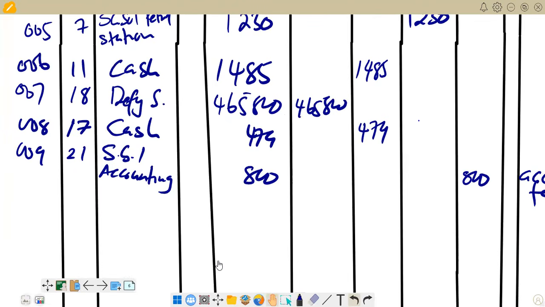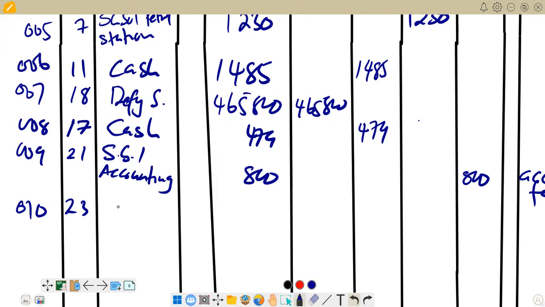So we are here, we are saying on the document there we have 010, and then the day is 23. The day there is 23.